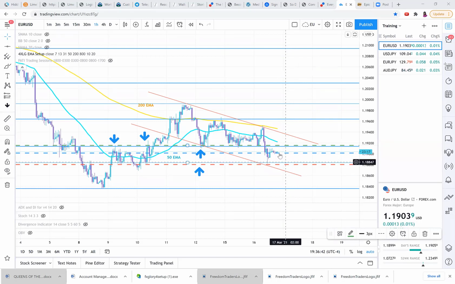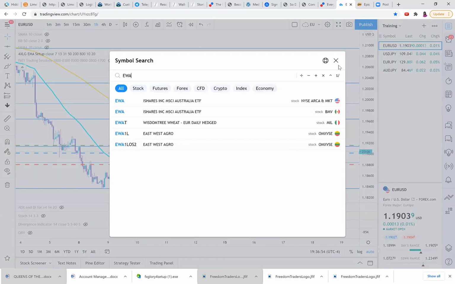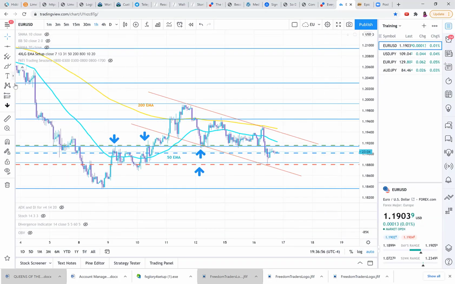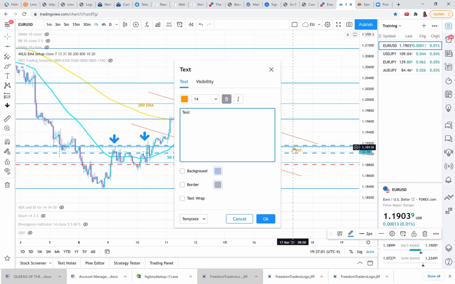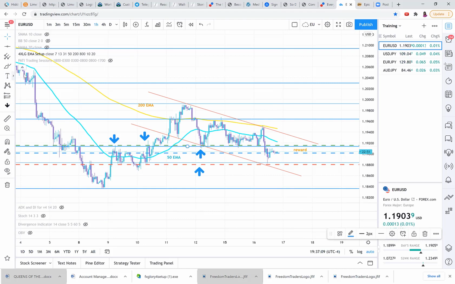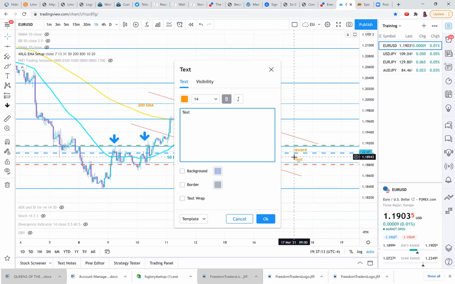So when you enter to where your take profit is, this is your reward. So this space here between the blue and the green, that's your reward. And the space between where you enter and where your stop loss is, that is your risk.